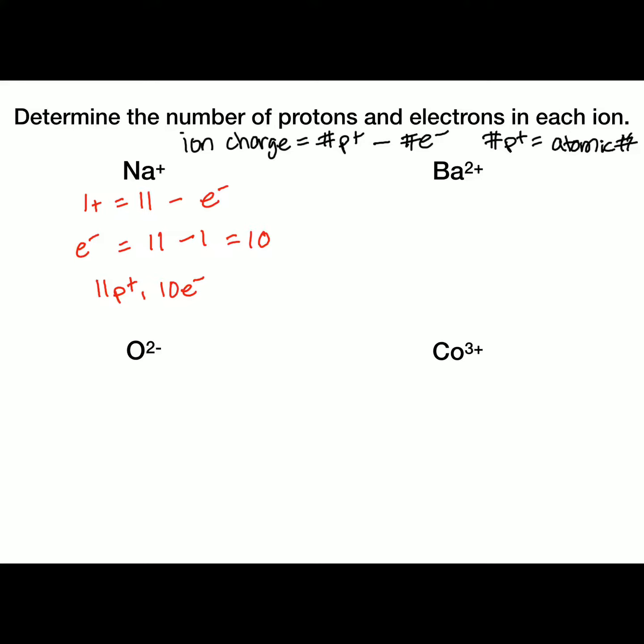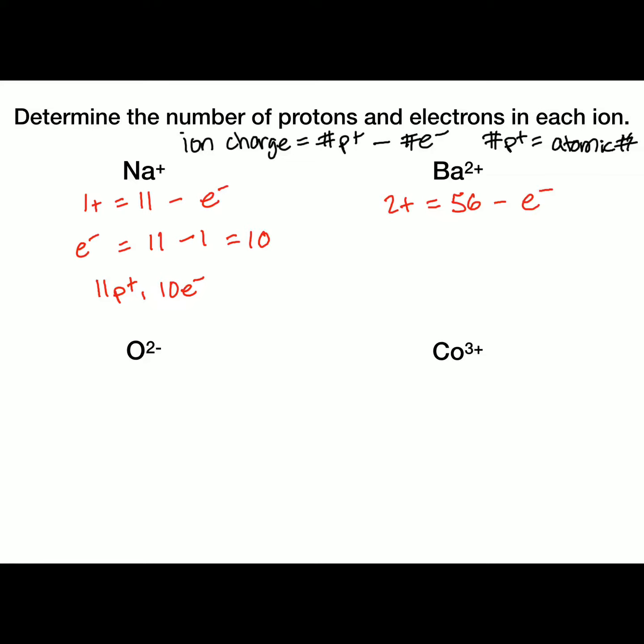Our next problem is the barium ion, which has a charge of 2 plus. Now same thing, all we need to do is fill in our equation. So we have 2 plus is equal to the number of protons, which is the atomic number of barium, which is 56, minus the number of electrons.